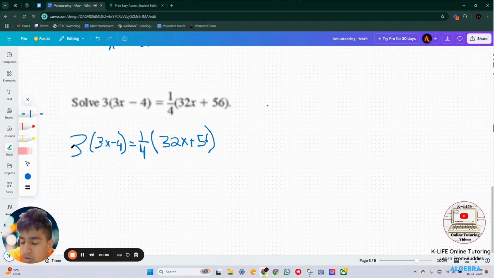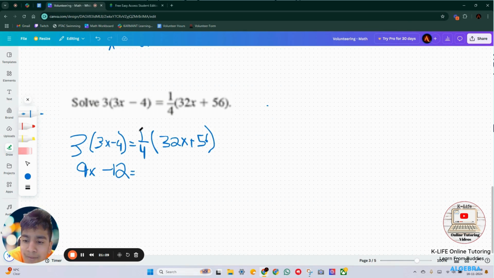So if I do 3 times 3x, that would be 9x. 3 times negative 4, do not forget the sign, okay? People sometimes forget the sign, and then they get the answer wrong, okay? So 3 times negative 4 is negative 12.